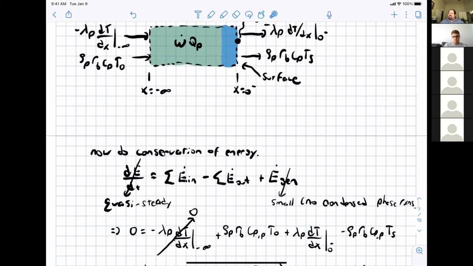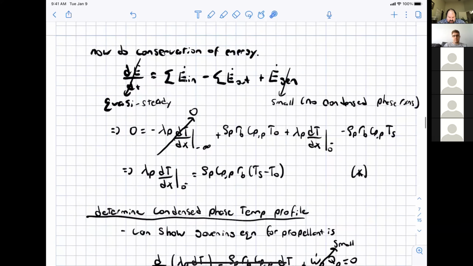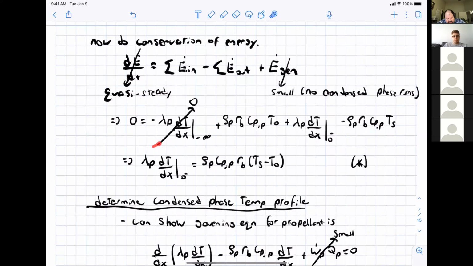If it's anything other than 0, the condensed phase propellant temperature will either be minus infinity or plus infinity at x equals minus infinity. Okay, so it must be 0. So when we do the energy balance, this term here goes to 0 because the temperature gradient must be 0 at minus infinity. And then we are just left with these terms here. So we are feeding it in at velocity RB.